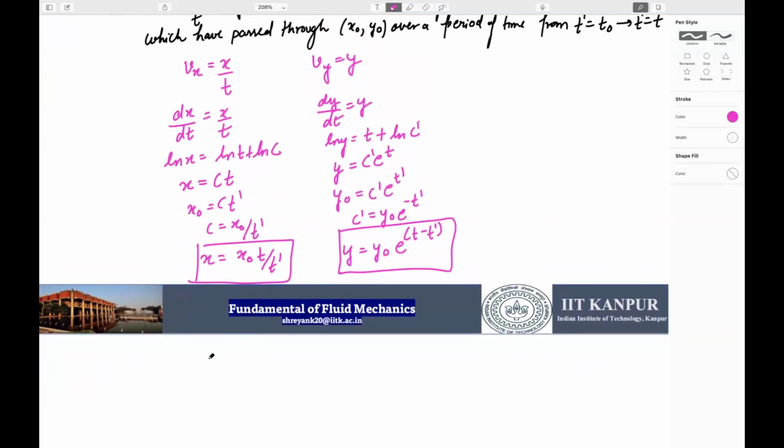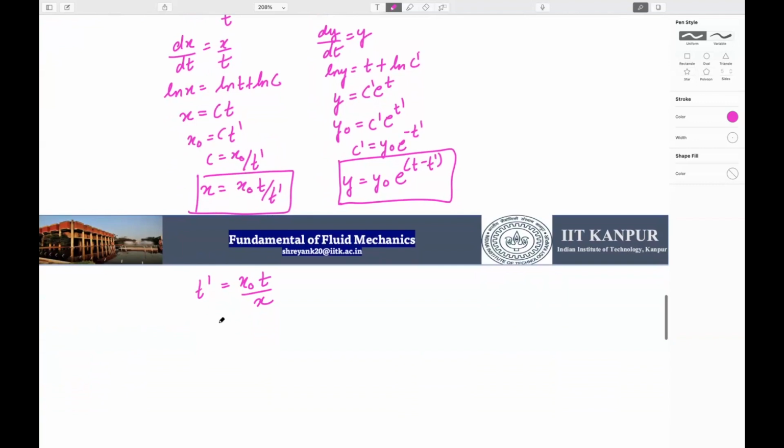From here it is easy to substitute: t prime is x naught t by x. So y is equal to y naught e to the power t minus x naught t by x. This is the equation of the streak line passing through the position x naught, y naught at some time t equal to t naught, and some later time t.